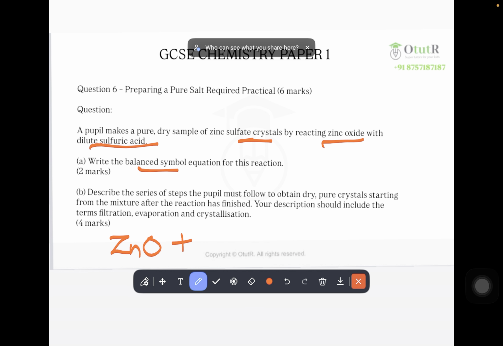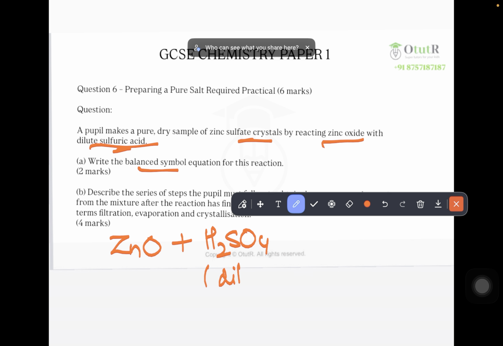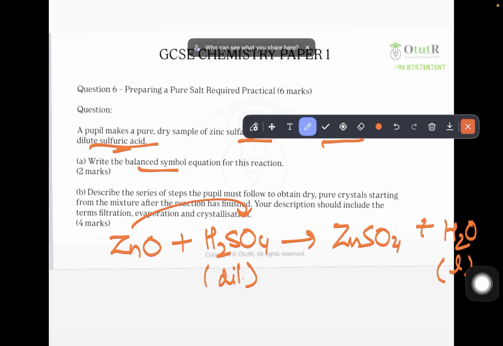So zinc oxide is ZnO plus dilute sulfuric acid H2SO4, in dilute form. It will react to give ZnSO4, which is the salt, plus H2O, liquid. This is not a precipitate, so we'll write it in aqueous form. Now let's see if it's all balanced.